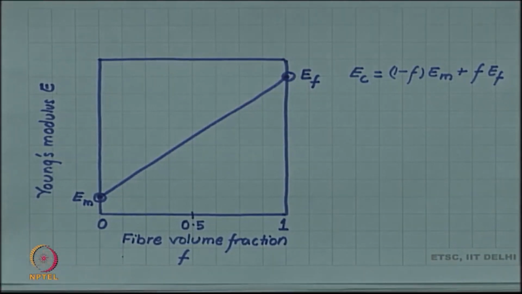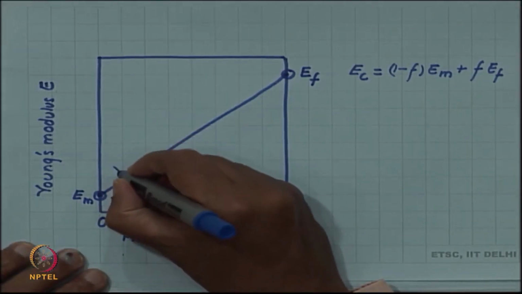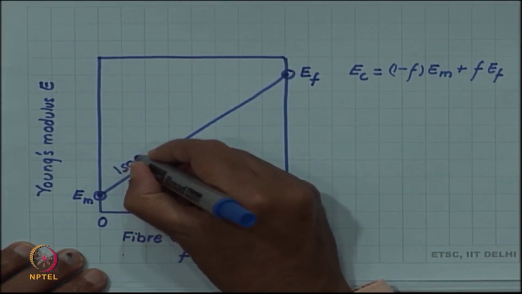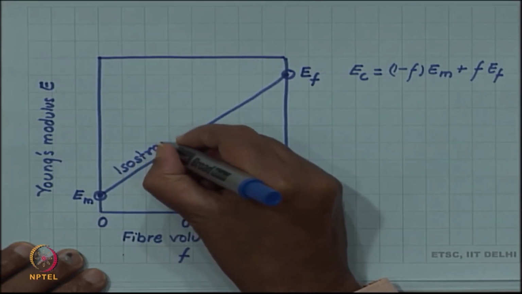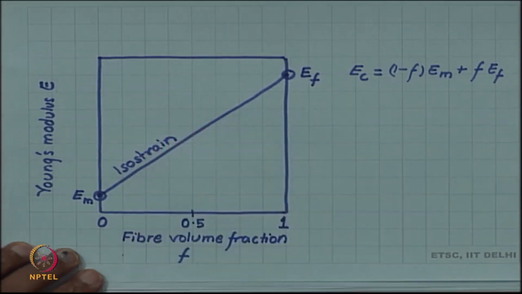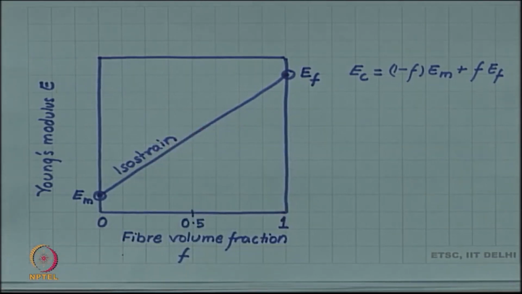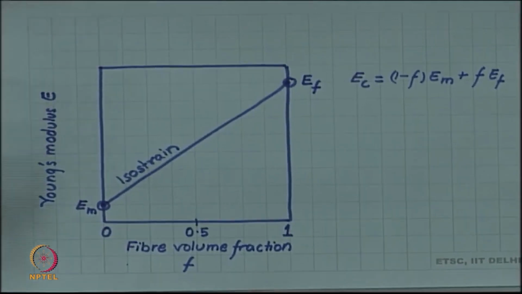So, this is a nice simple relationship, and this is based on the isostrain loading, when the strain in the fiber and the matrix are all the same. So, this is the isostrain modulus for the composite.